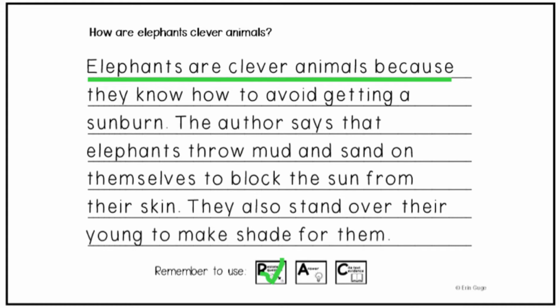We've restated the question. Is there a correct answer? Elephants are clever animals because they know how to avoid getting a sunburn. Yes, it's very smart of them, clever of them to know how to not get sunburned, so we underline it in pink like the poster and check off that we have the answer.